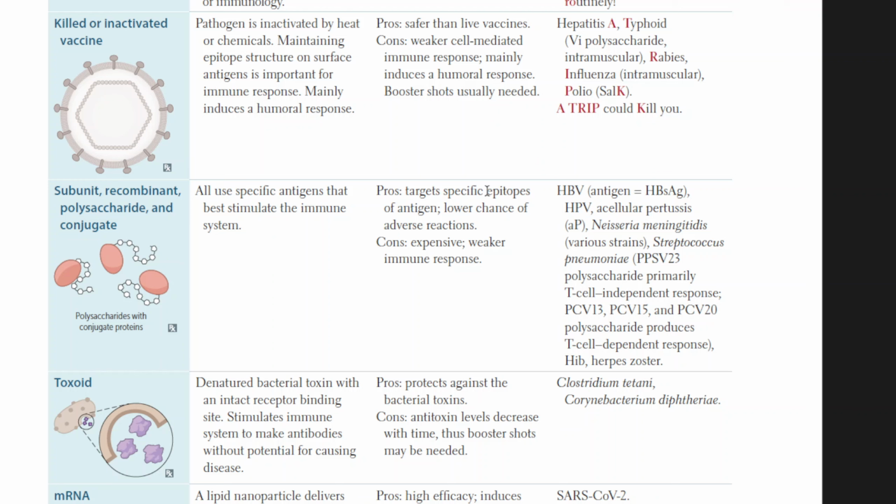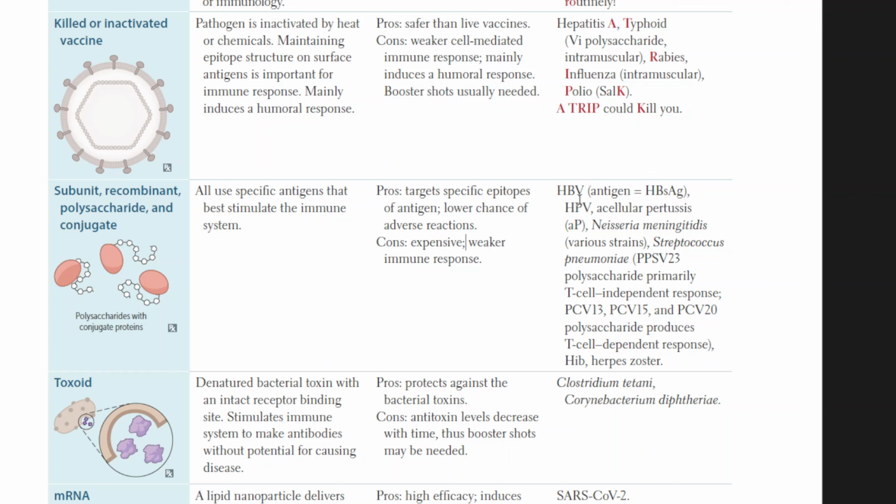The cons are they're expensive and weaker in immune response. It's a whole process you have to have.